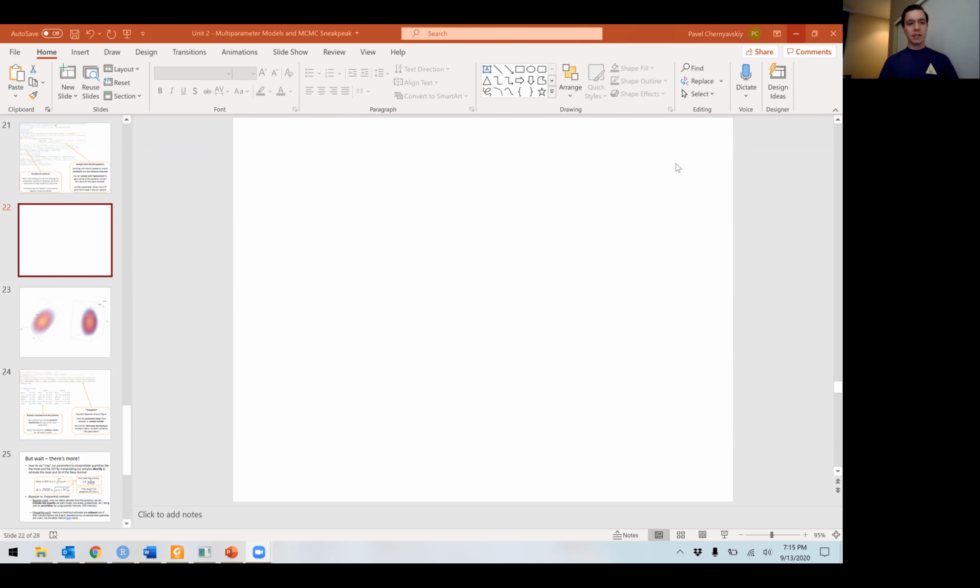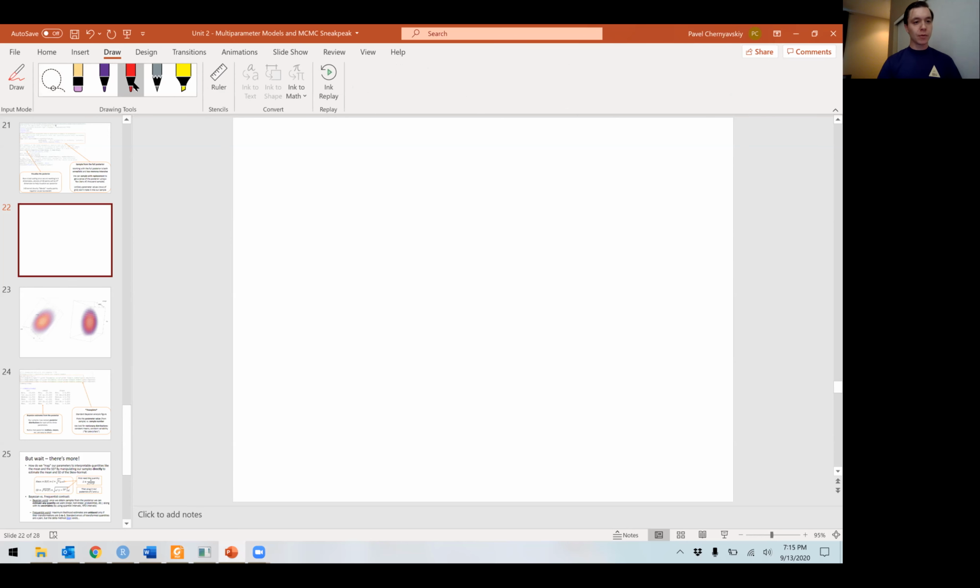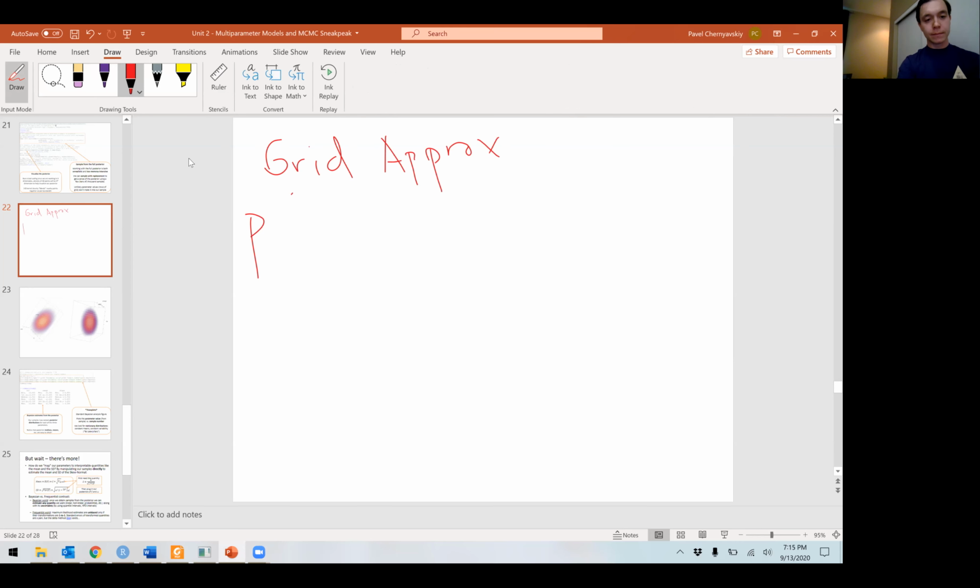Okay, so let's just take a briefly 50,000-foot view of where we are in the course. Right now, we're working with what is called grid approximation. So our posterior looks like this: our likelihood times the prior.